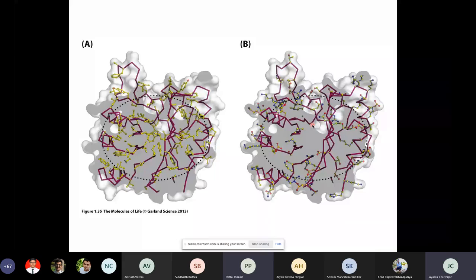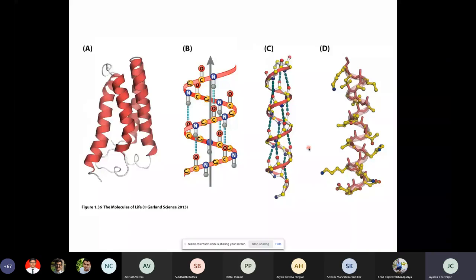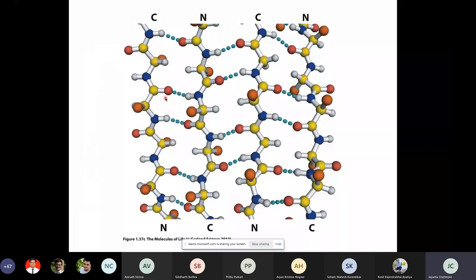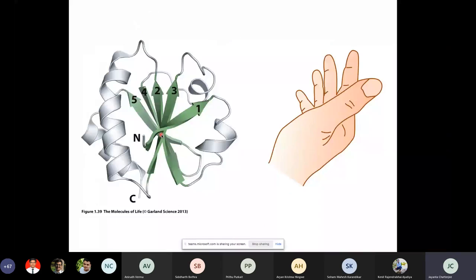So this is about parallel and anti-parallel beta sheets. I can tell you that typically, if you have parallel or anti-parallel beta sheets aligned next to each other, there is a right-handed twist. In coiled coils, meaning multiple helices next to each other, there is a slight left-handed twist, not a right-handed twist.